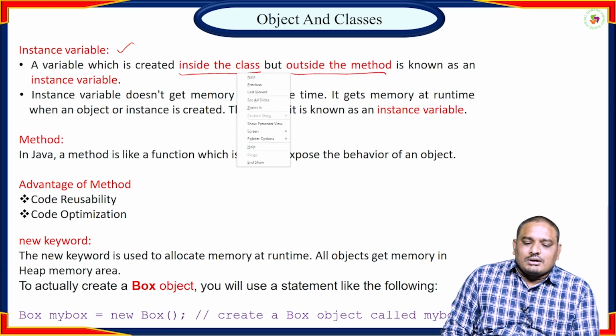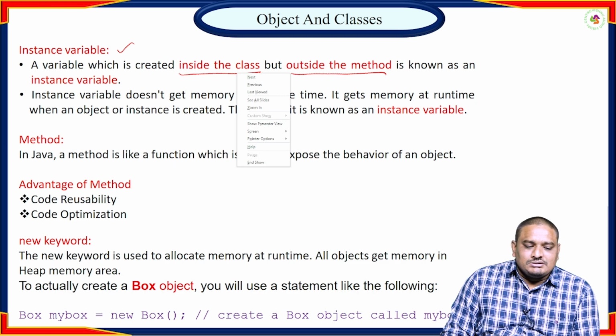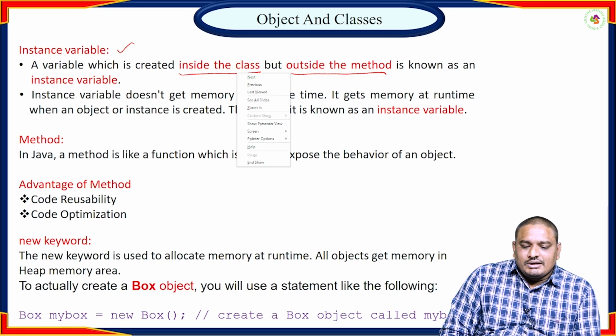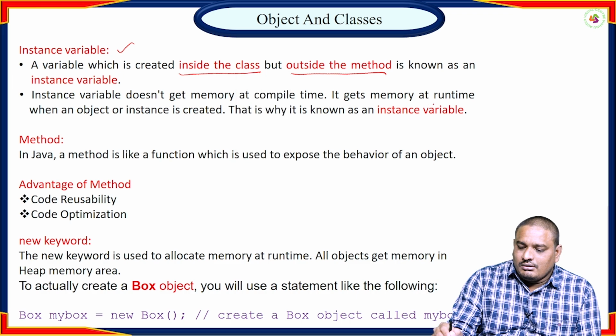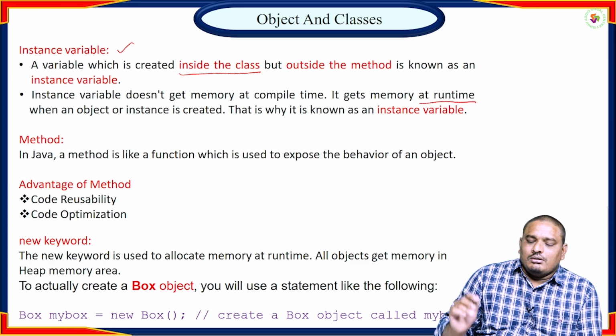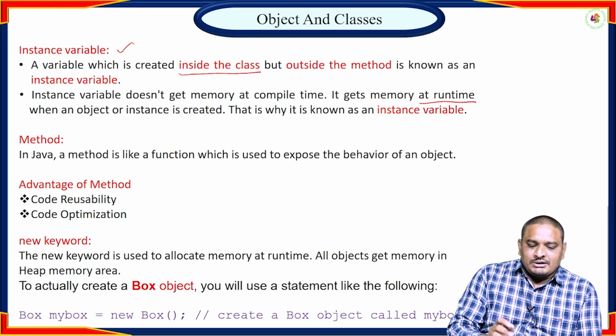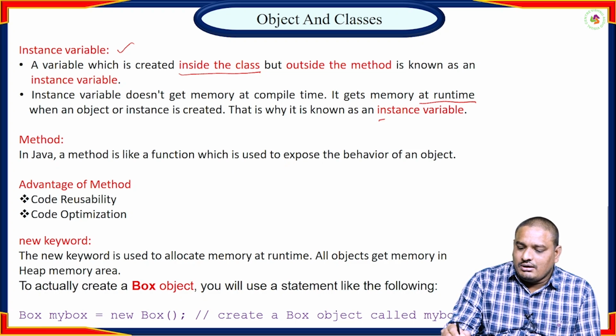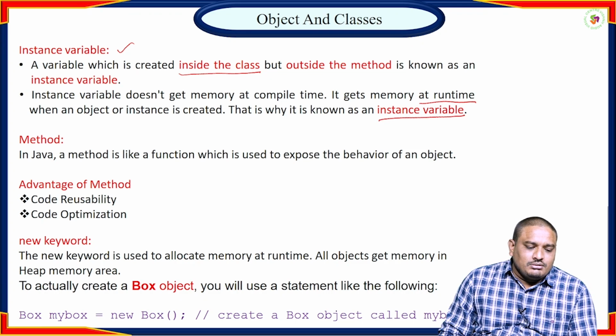An instance variable does not get memory at compile time. It gets memory only at runtime, when the object or instance is created.